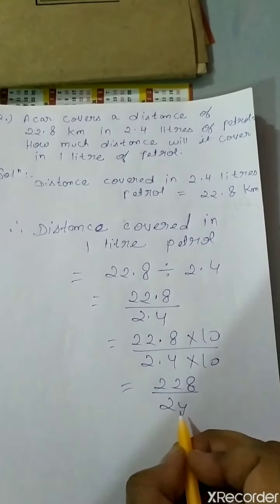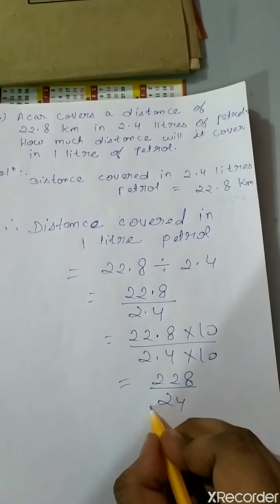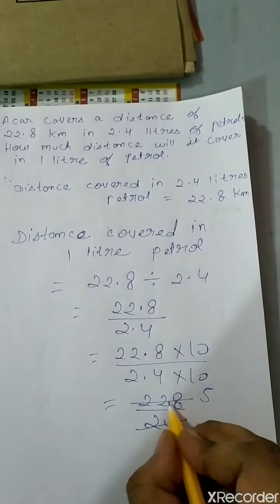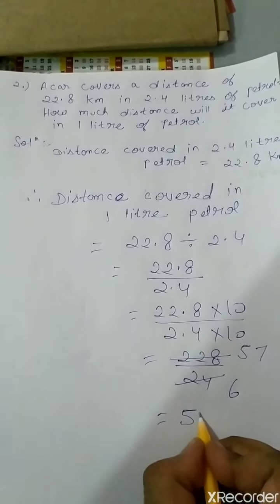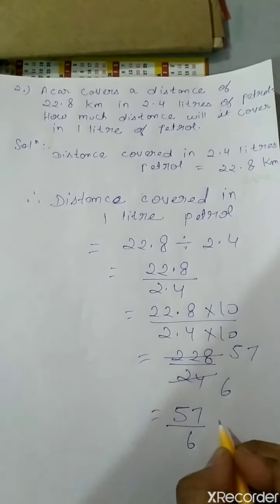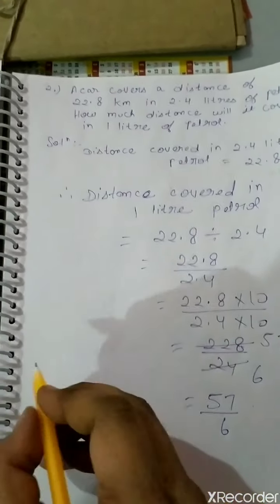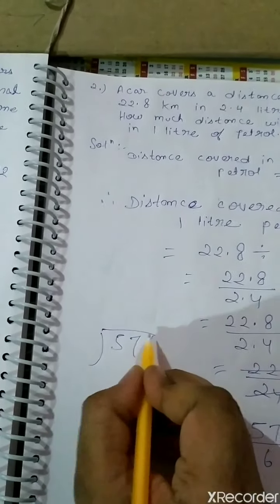Then you can cut this with 4. 4 into 6 times 24 and 4 into 5 times 20, then 2 and 8, total 57. So this will come 57 by 6 ultimately. So by dividing, you will divide this value 57 divided by 6.